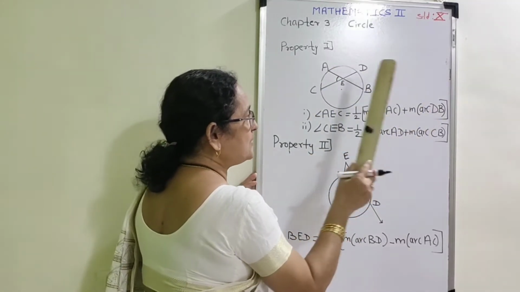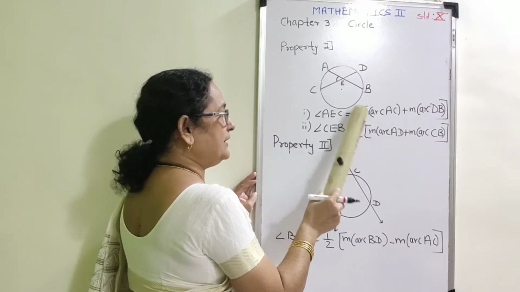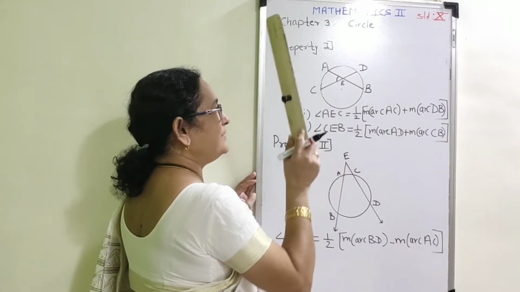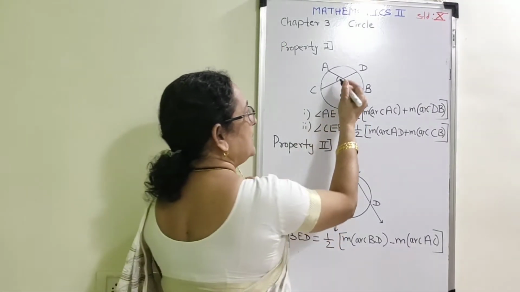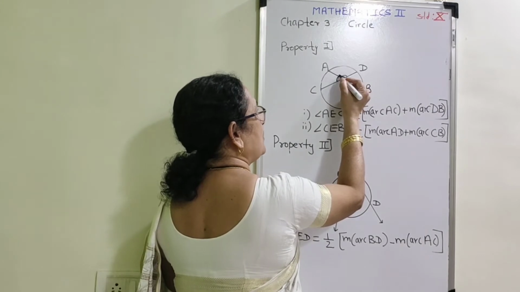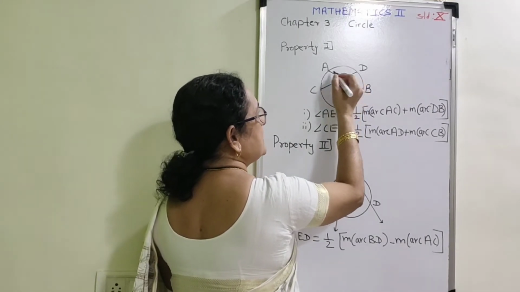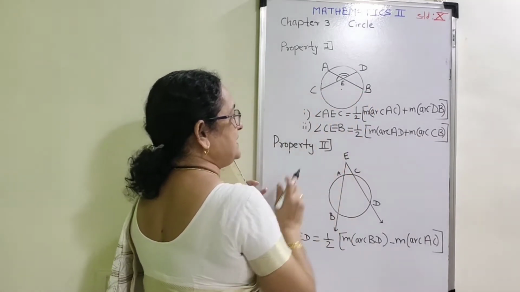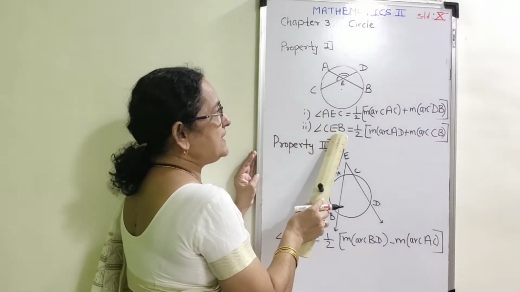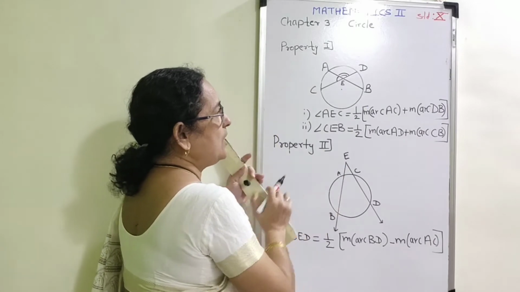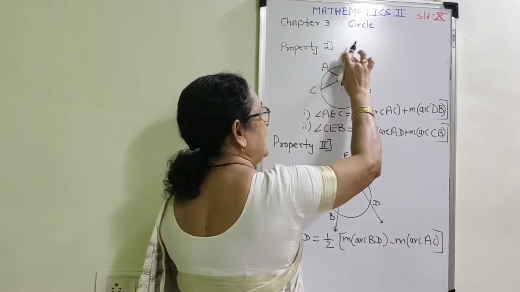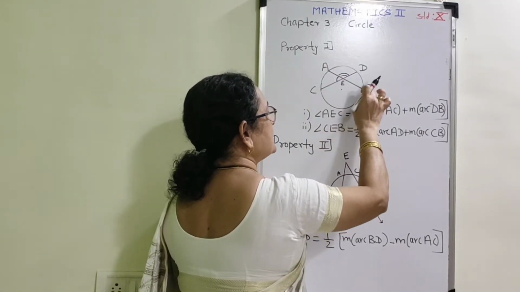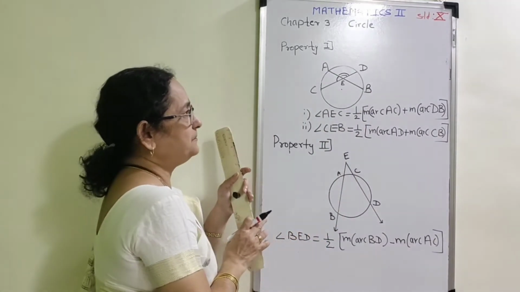Addition of those two arcs, half of it, is equal to the measure of this angle. Similarly, if I want to find out the measure of these two opposite angles, that is angle AED or angle BEC, then angle CEB is equal to half of arc AD plus arc BC.